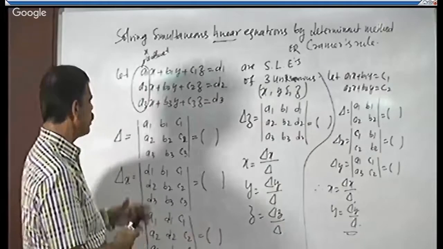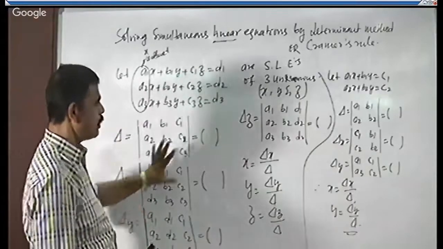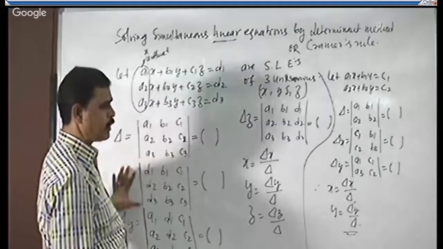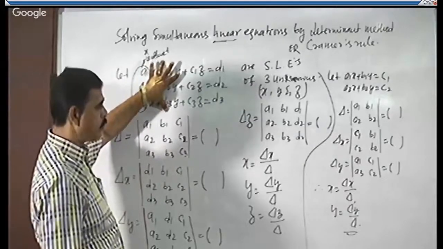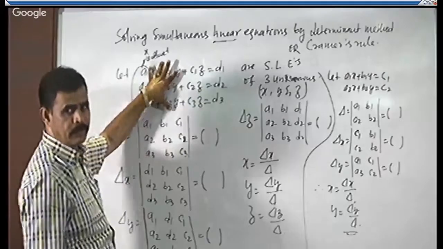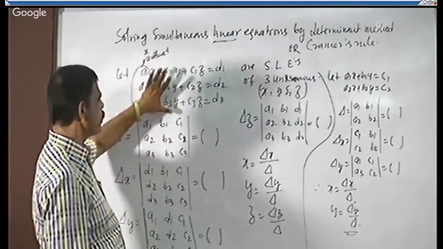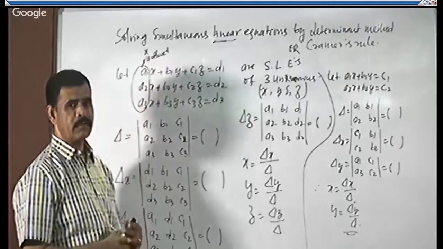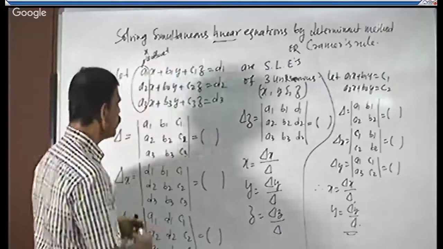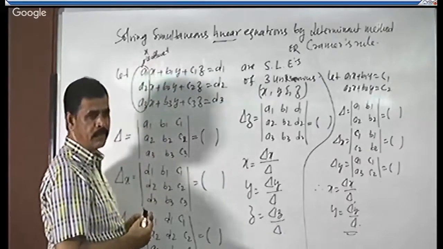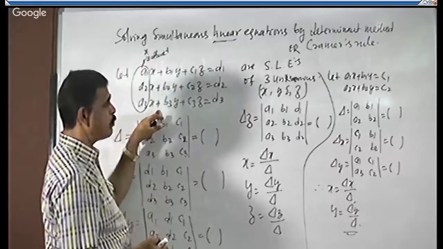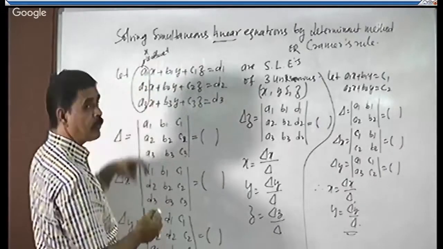In writing deltas, whether it is delta, delta x, delta y, delta z, using the simultaneous equations, we need to follow certain steps. First, observe the given equations. The given equations should be in standard form only. The first condition is what? The given equation should be in standard form. What is the standard form?